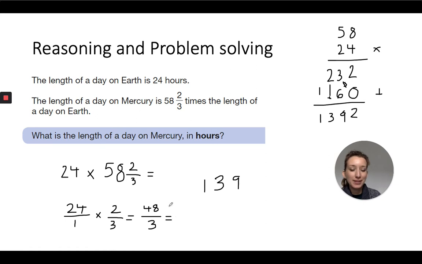But then that means, yes, so that's 10 plus 6, because 10 3's are 30 and 6 3's are 18, which would make 48. So you've got 16 there. So you've got 1,392 plus 16.